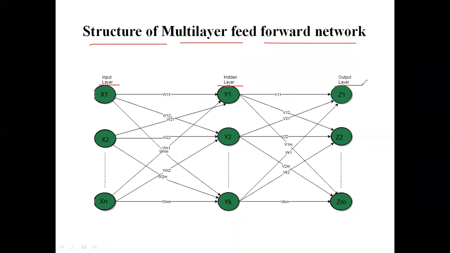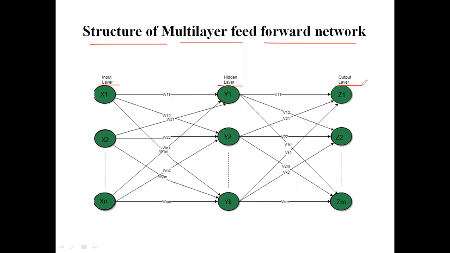What is the main definition of the multi-layer? Which network has more than two layers? That particular network is called a multi-layer feed-forward network, or you may say a network that has multiple layers.